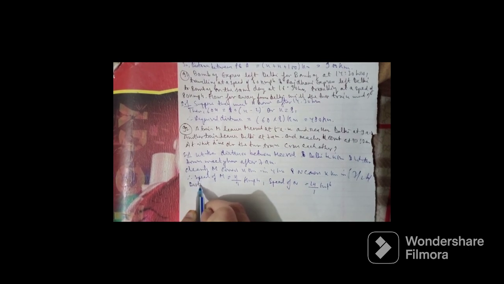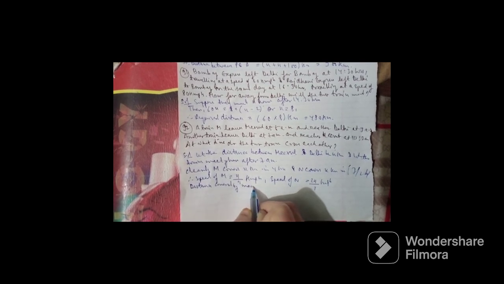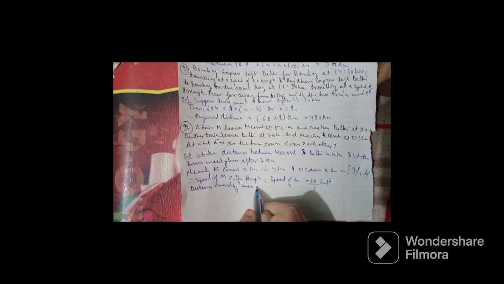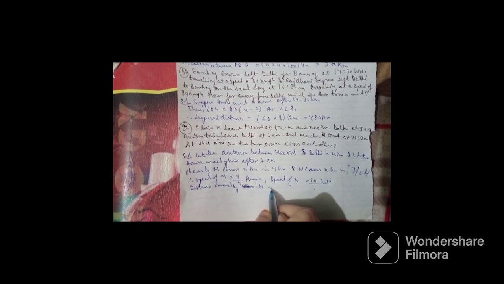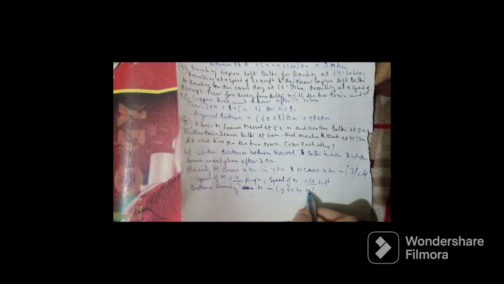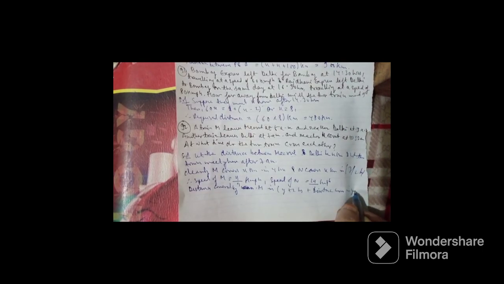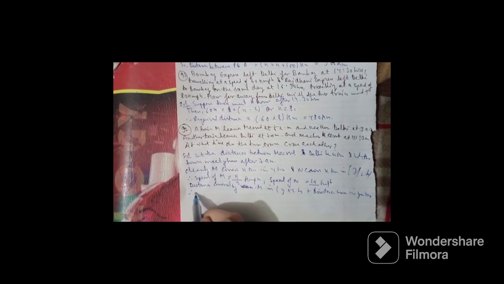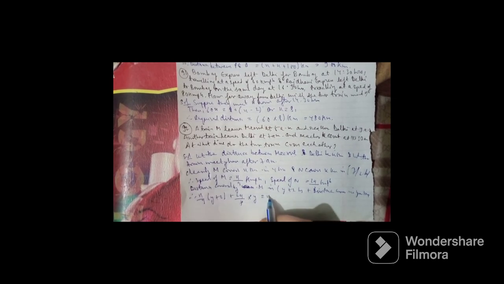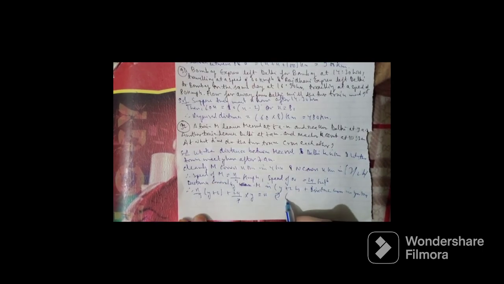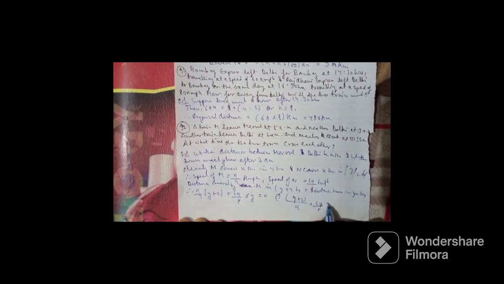Distance covered by M in y plus 2 hours plus distance covered by N in y hours equals x, so x by 4 times (y plus 2) plus 2x upon 7 times y equals x. So (y plus 2) upon 4 plus 2y by 7 equals 1.